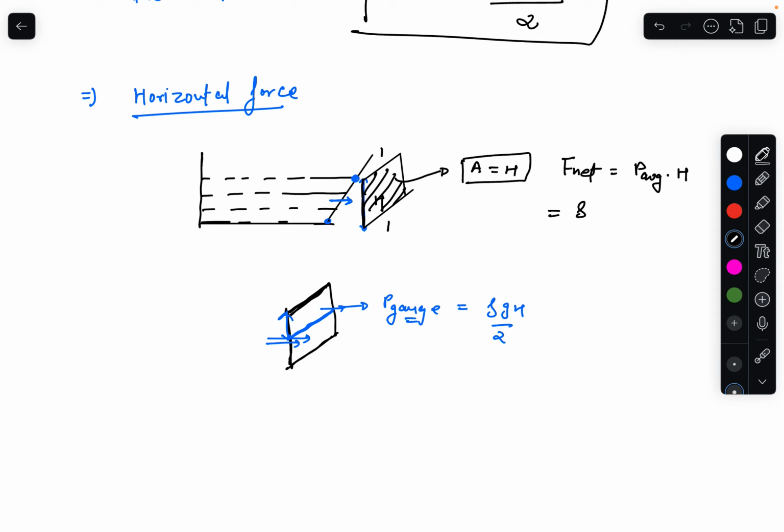So it becomes rho g h divided by 2 times h, which is rho g h squared divided by 2. So this is the net force acting on the part of the fluid.